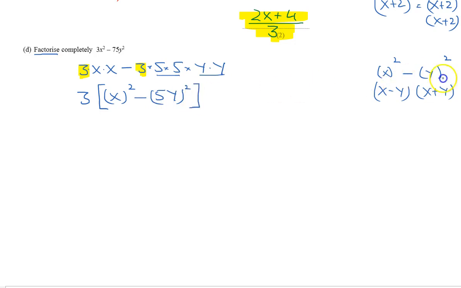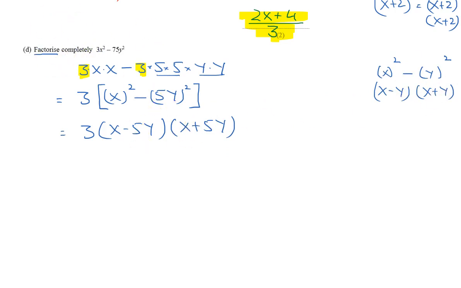Now it is in this form, x squared minus y squared, so it can be written as 3 times (x minus 5y) and (x plus 5y). x squared minus y squared is (x minus y) and (x plus y). So this is the answer. We have factorized it completely.